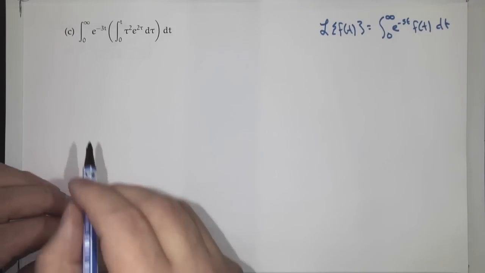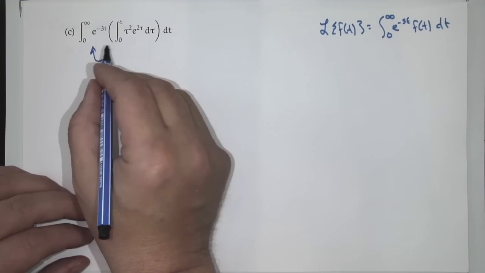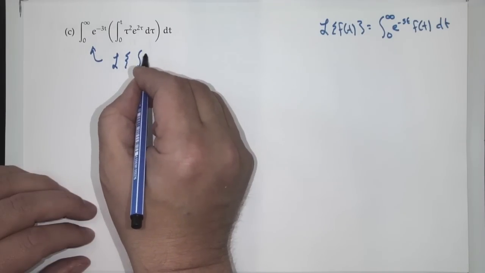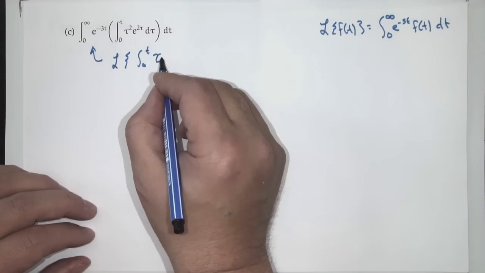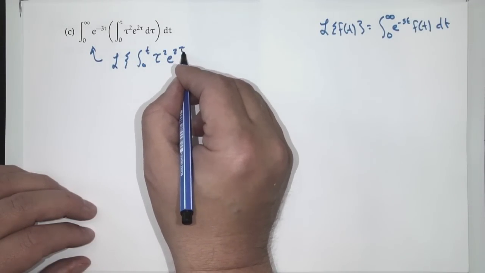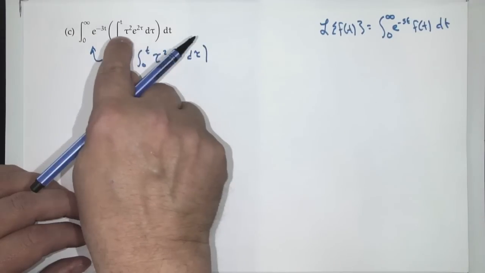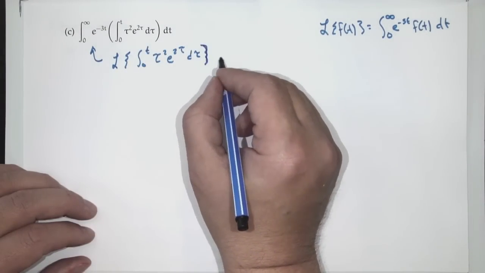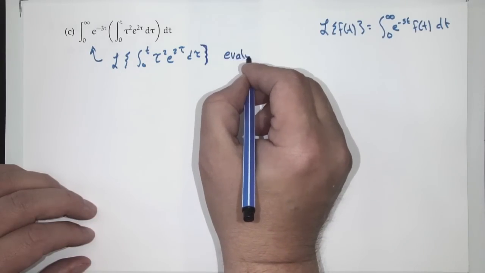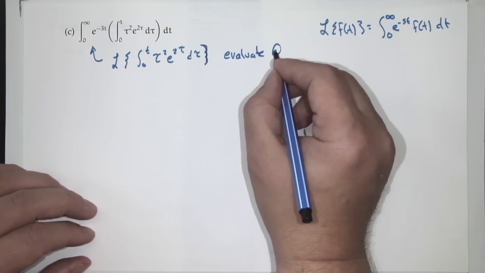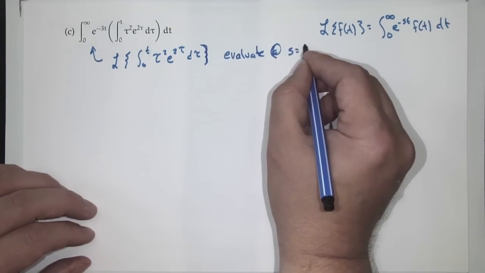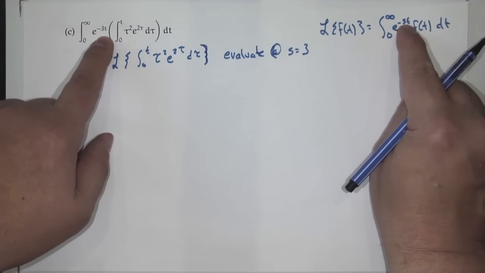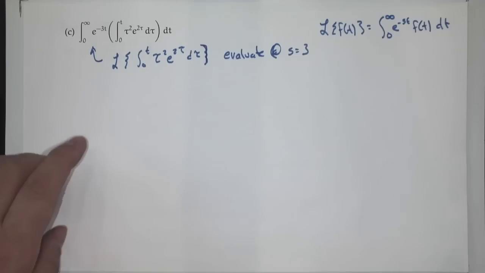So we say, aha, what's going on here is that this looks like the Laplace transform of this integral, 0 to t, tau squared e to the 2 tau d tau, right? This is my f of t. And then we evaluate at s equals 3, because we have e to the minus 3t. So the e to the minus st became e to the minus 3t.